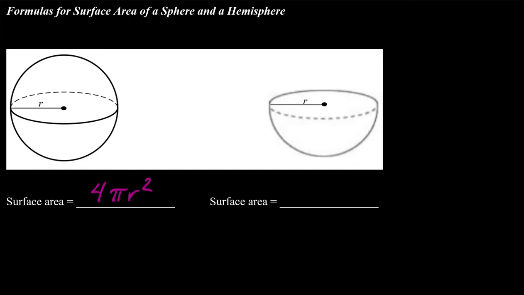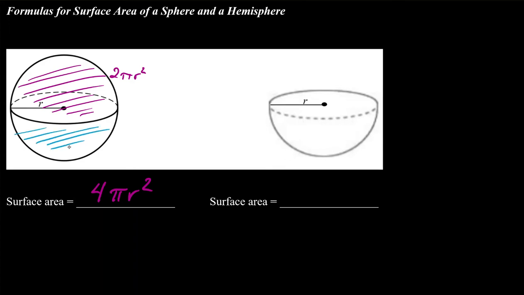So this top portion, which I'm going to shade in purple, is 2 pi r squared, and the bottom portion, which I'm going to shade in blue, is also 2 pi r squared. And so when you add those two surfaces together, the top hemisphere and the bottom hemisphere, you end up getting 4 pi r squared.